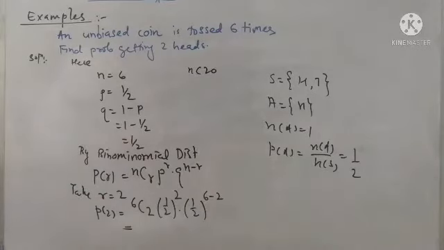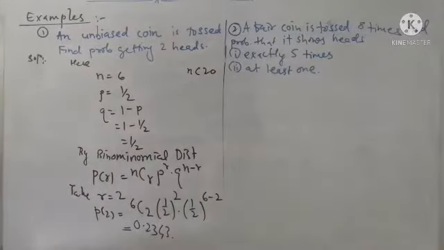Do the simplification carefully and you get the answer 0.2343. That means the probability of getting 2 successes out of n trials here is 0.2343.